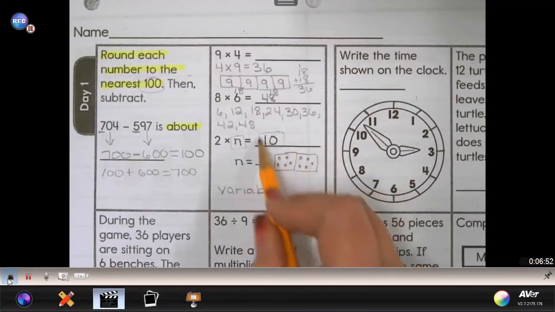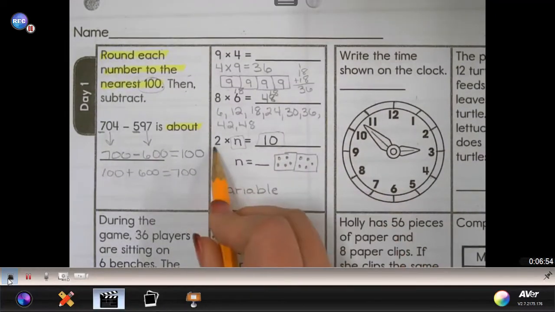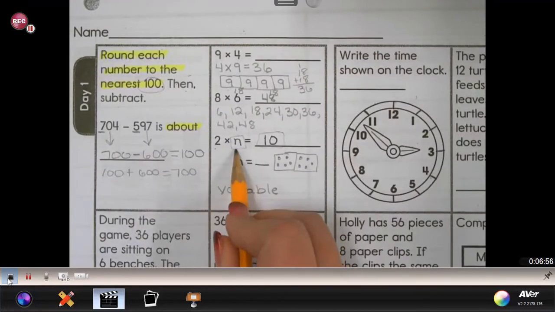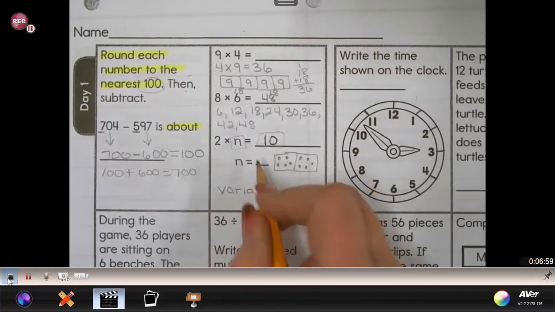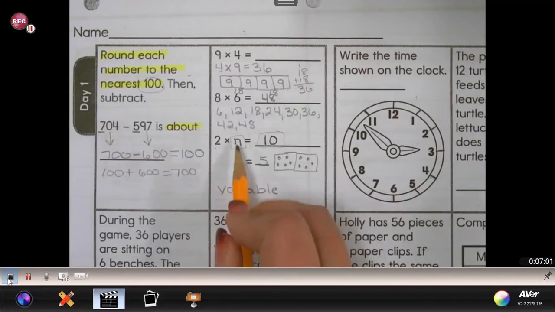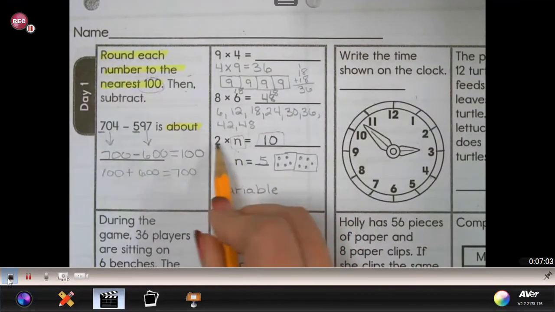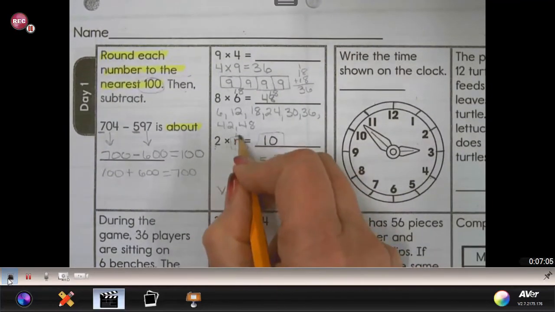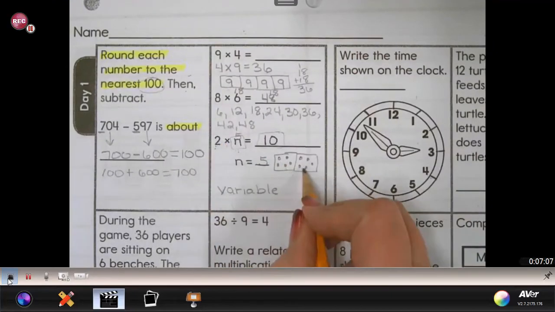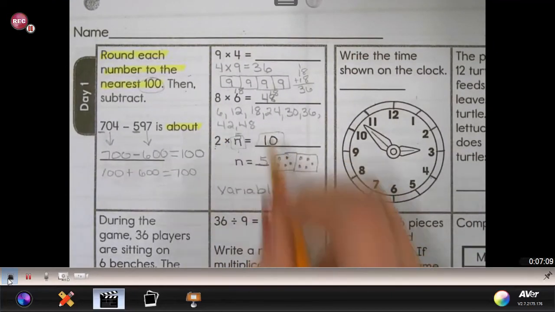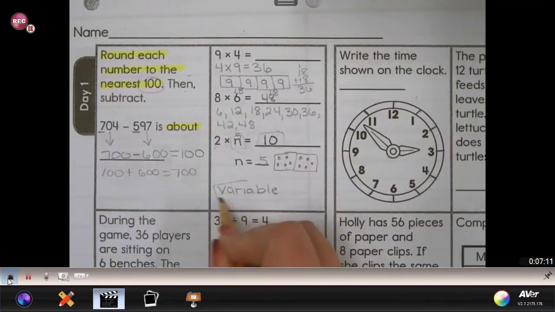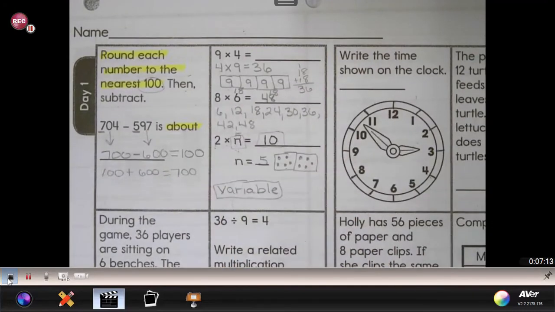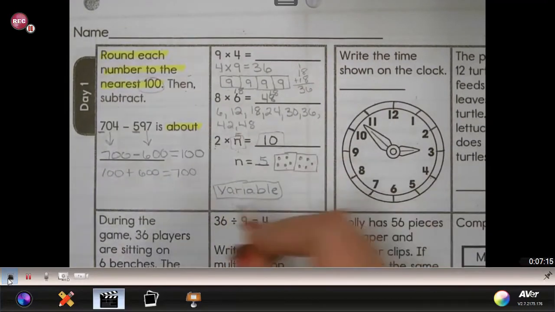Well, there's my 10 total objects. I have 2 groups. Now I know that there's going to be 5 in each group because that's what this is telling me. I have 2 groups of 5, and 2 groups of 5 is 5 and 5, which makes 10. So again, remember this is your clue word today. It's called a variable. It's a letter that stands for a number.